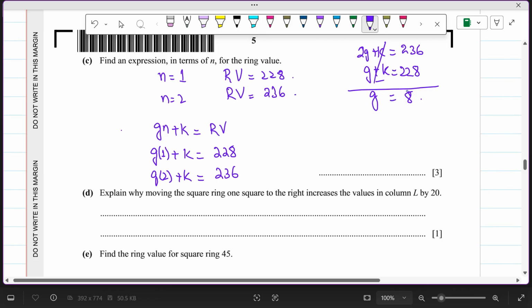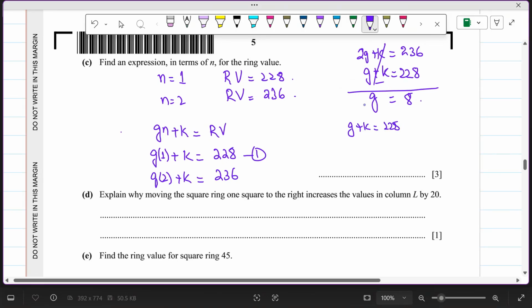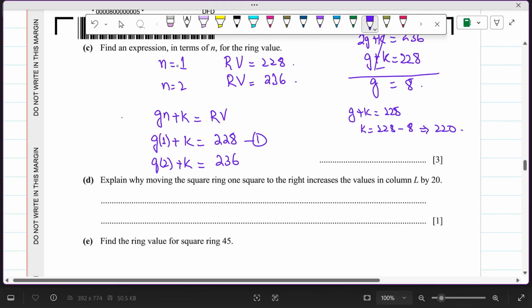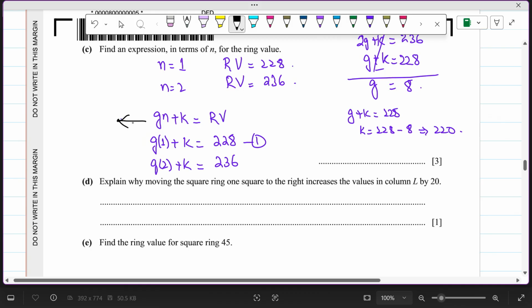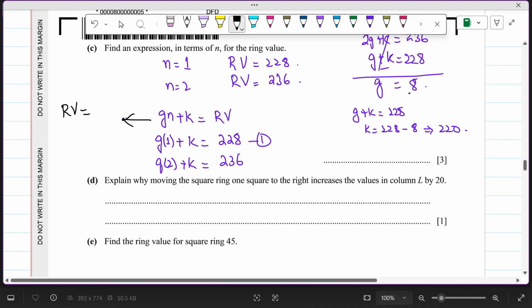Plugging this G value into the equation G plus k equals 228, we get k equal to 228 minus 8, which is equal to 220. So the general equation is ring value equals Gn, meaning 8 times n, plus k, which is 220.